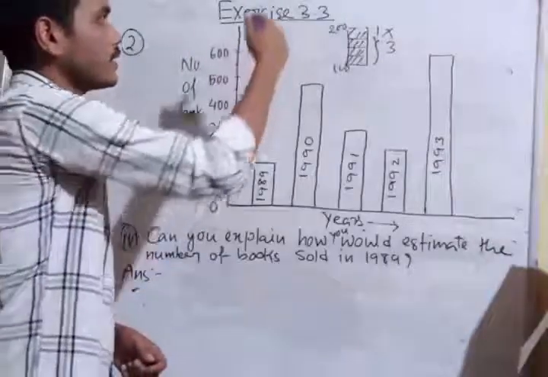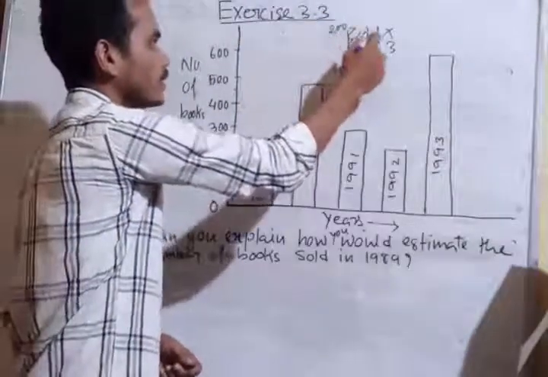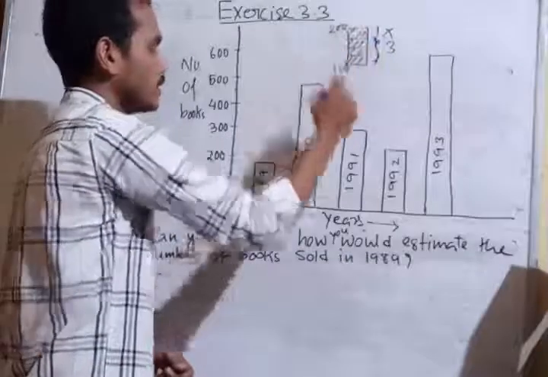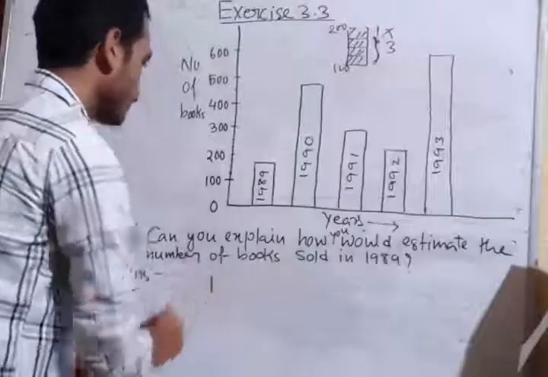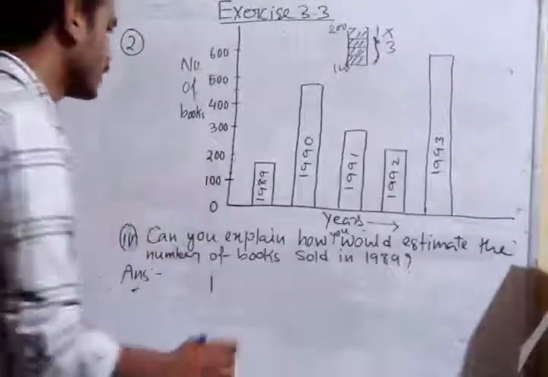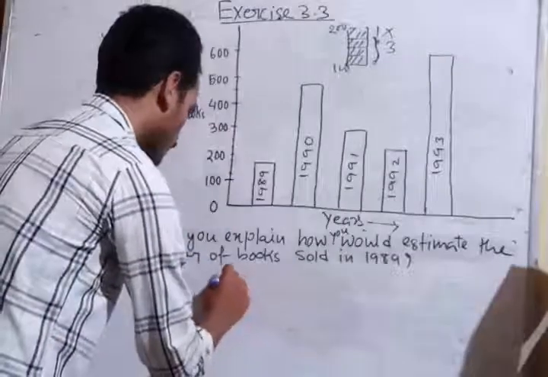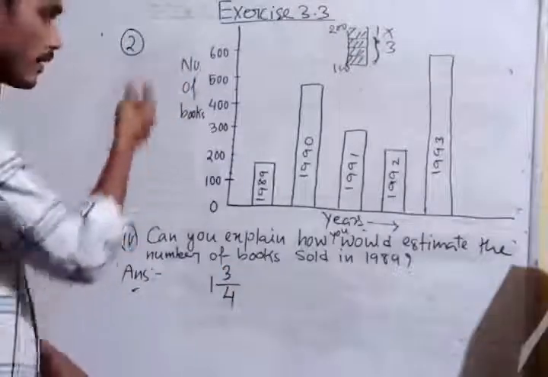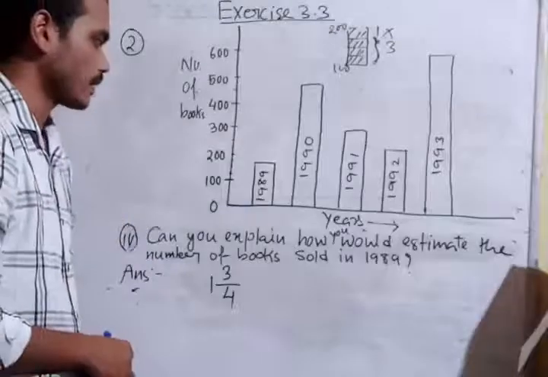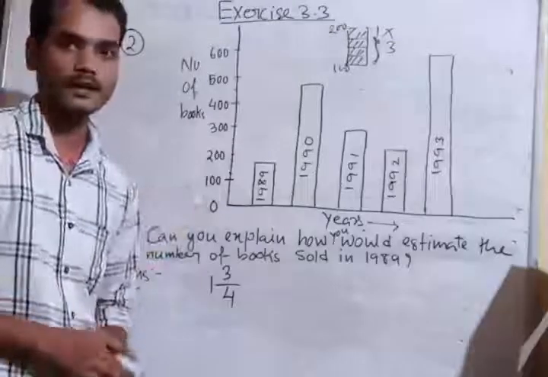So 100 to 200, 4 parts are there. Out of these 4 parts we are taking only 3 parts, and from 0 to 100 we have 1, and then from 100 to 200 out of 4 parts we are taking 3 parts. This is all about our calculation, how we are getting the number of books sold in 1989.